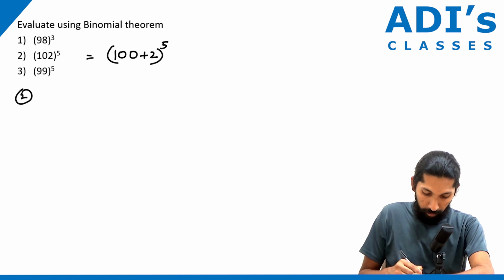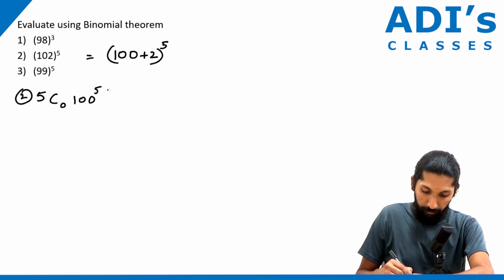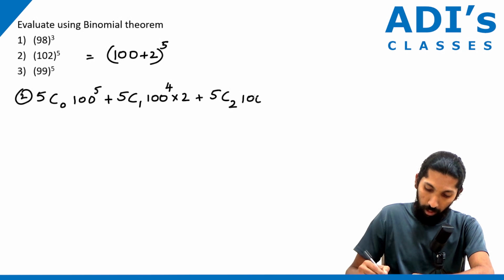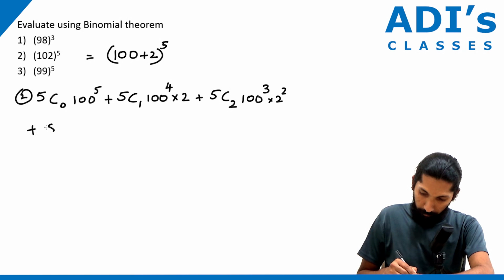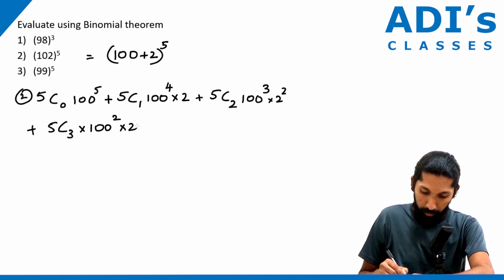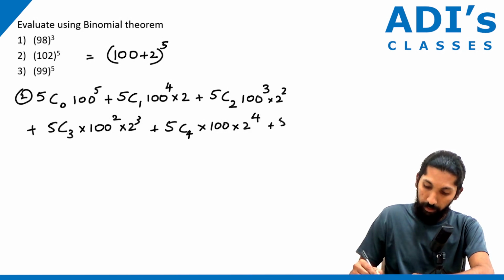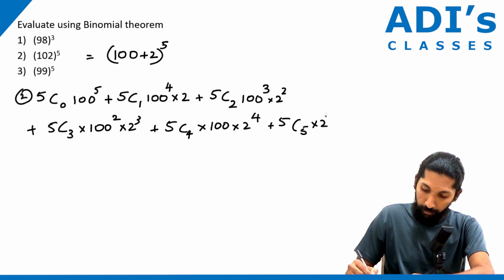So we are going to have 5c0 100 to the power of 5, 5c1 100 power 4 into 2 plus 5c2 into 100 cube into 2 square plus 5c3 into 100 square into 2 cube plus 5c4 into 100 into 2 power 4 plus 5c5 into 2 power 5.